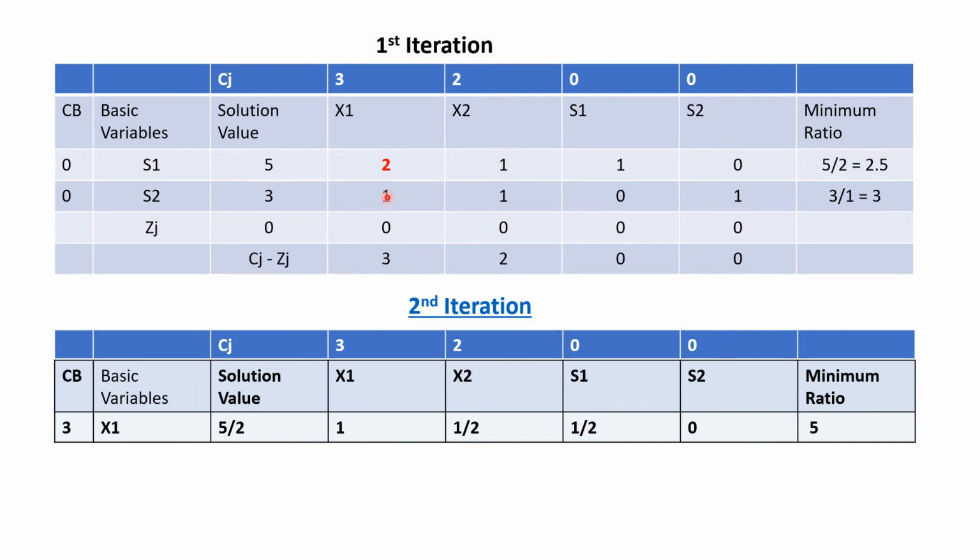This one corresponding to the S2 row is the multiplier for the S2 row. Once we get the multiplier, we have to multiply all the elements of the newly entered variable row by this multiplier and subtract it from the elements of the previous table. Okay, so we have done it in the rough.